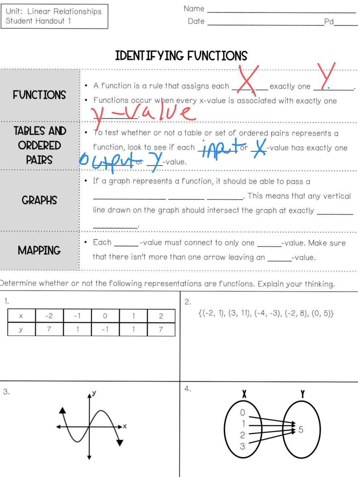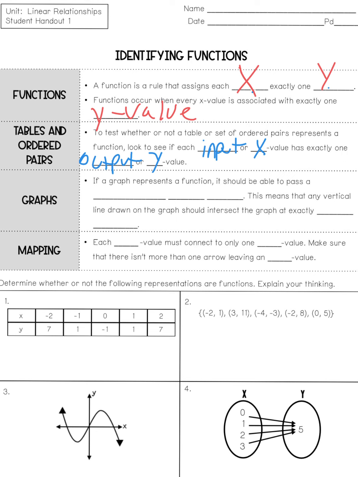That's all you do with tables and ordered pairs, and that'll make more sense below when we get down to this section. Let's just keep going, get these notes filled in, and then we will come back to that idea.